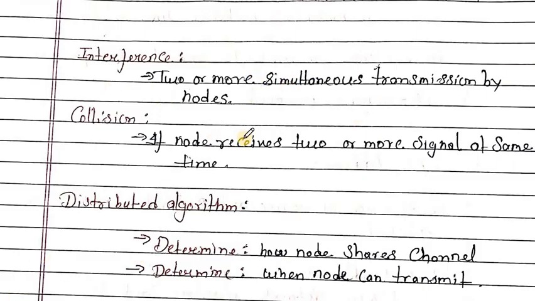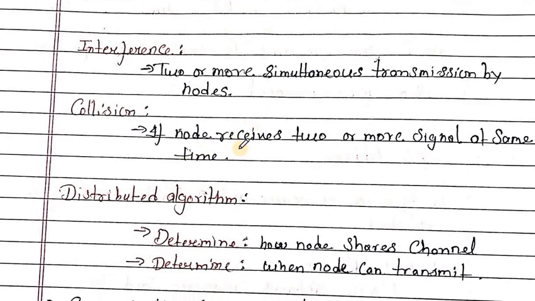Now, interference means two or more nodes transmit packets at the same time. And collision: if two or more signals are received by a node at the same time, for example a node receives packet 1 from node 1 and a packet from node 3, two packets are received at once.